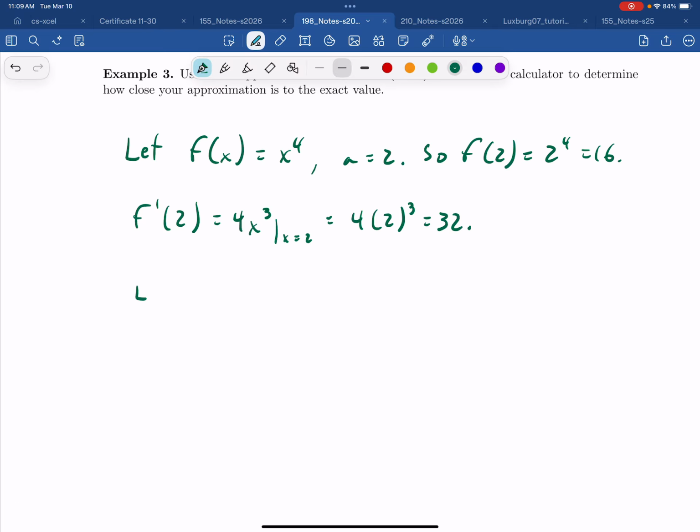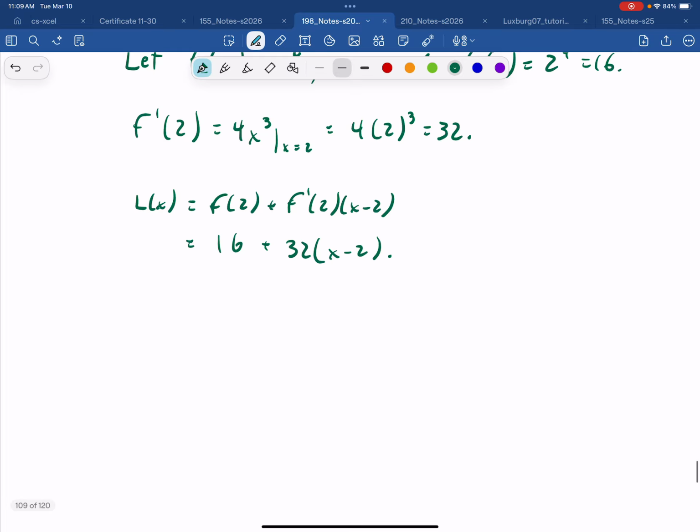And so then we say, okay, the linearization of this guy is going to be f of 2 plus f prime of 2 times x minus 2, right? Which is going to be 16 plus 32 times x minus 2, okay? And then all we do is we say 1.999 to the 4th approximately equals L of 1.999, which equals 16 plus 32 times 1.999 minus 2.